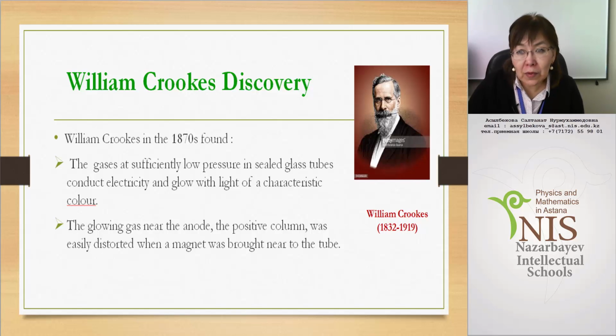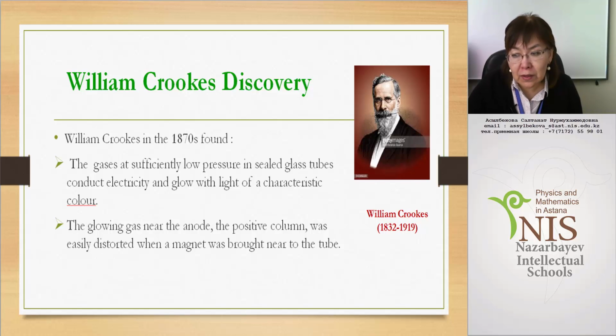So William Crookes' discovery was made in the 1870s when he took a very specific glass tube under low pressure and saw a light glow of characteristic color.